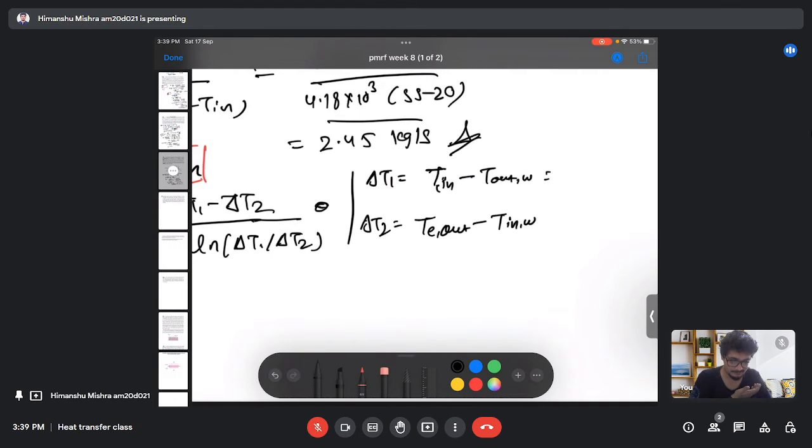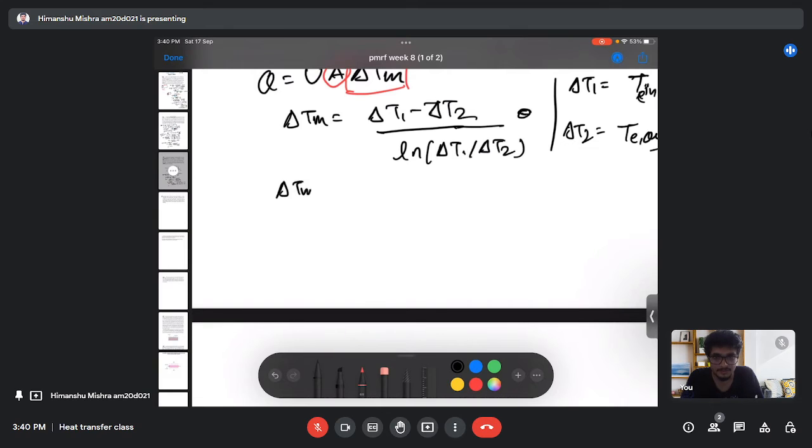So now delta T1 is the inlet temperature of the ethylene glycol and the outlet temperature of the water, and delta T2 is the outlet temperature of the ethylene glycol and the inlet temperature of the water. For the parallel heat exchanger, we had both inlet temperatures at delta T1 and both outlet temperatures at delta T2. So just putting these temperature values from the question, we will get delta T1 as 25 degrees Celsius and delta T2 as 20 degrees Celsius.